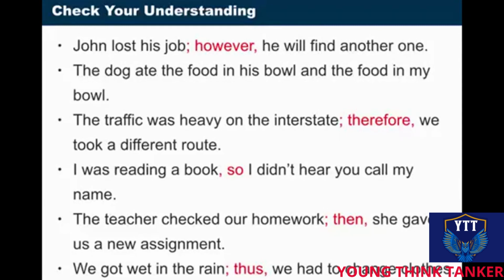The same thing on the last one. We had two sentences and we're joining them with the transition thus. So put a semicolon in front of it and a comma after it. It's pretty easy, right? As long as you remember the two groups of words. You put a comma in front of conjunctions and you put a semicolon in front of a transition with a comma after it.